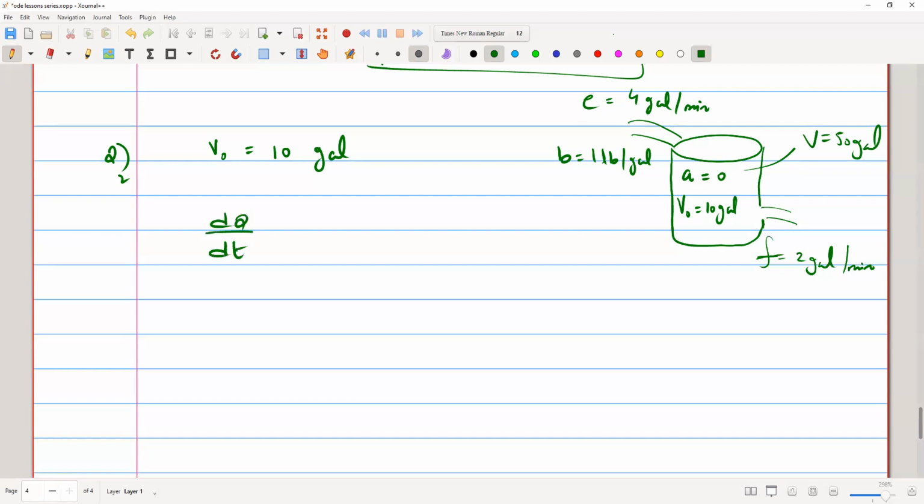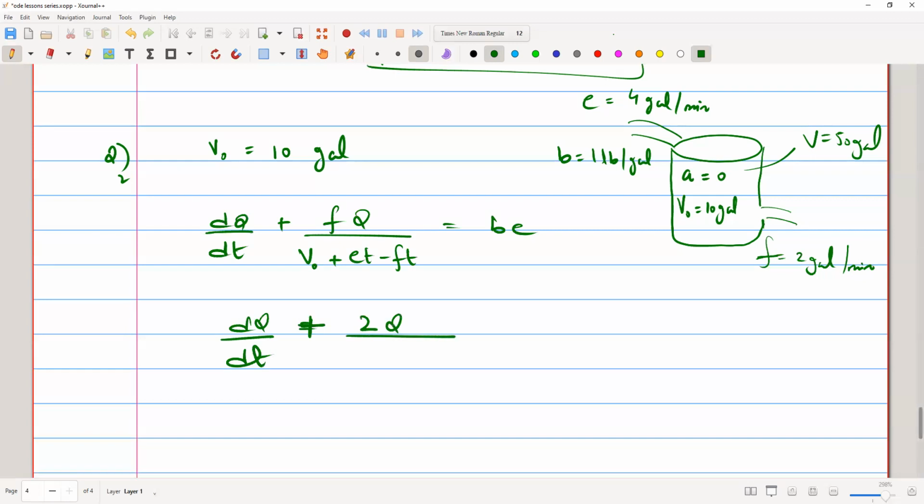We have dQ/dt plus FQ over V naught plus Et minus Ft equals BE, where F is given as 2, so it will be 2Q over V naught, that is 10 gallons, plus Et, it will be 4t, minus Ft, it will be 2t, and B is given as 1 times E which is 4.